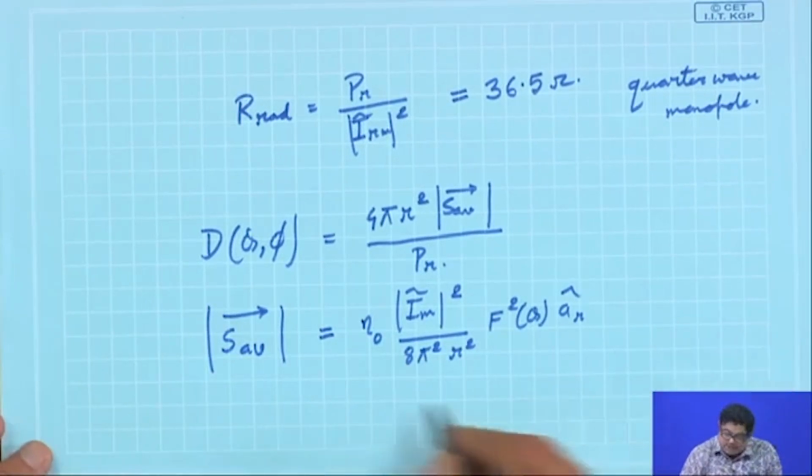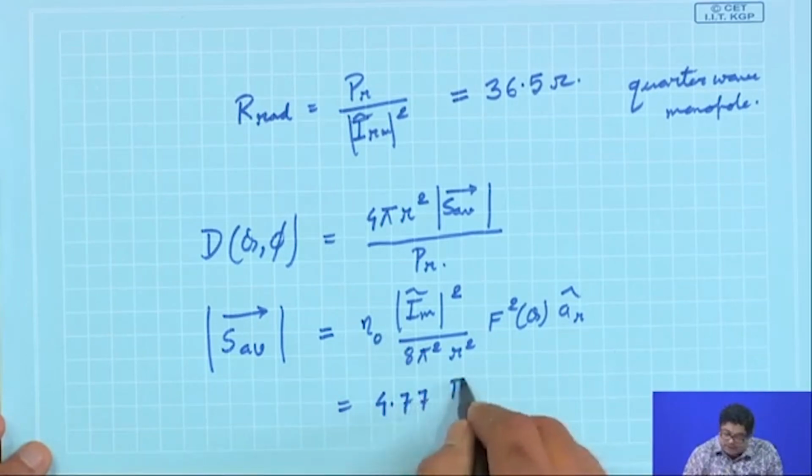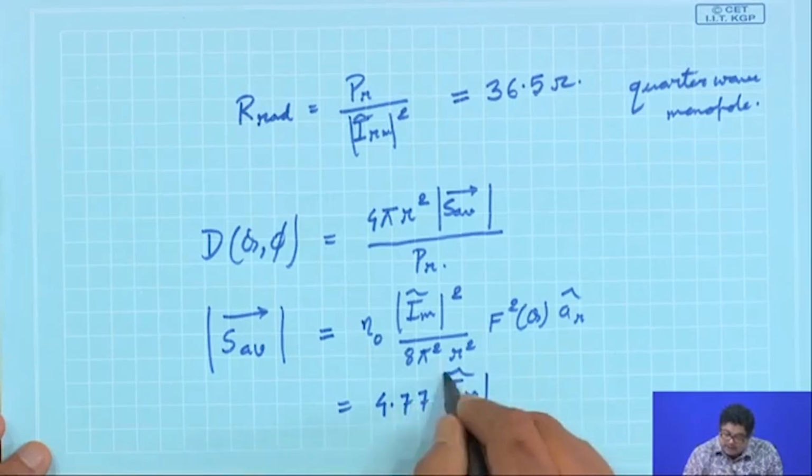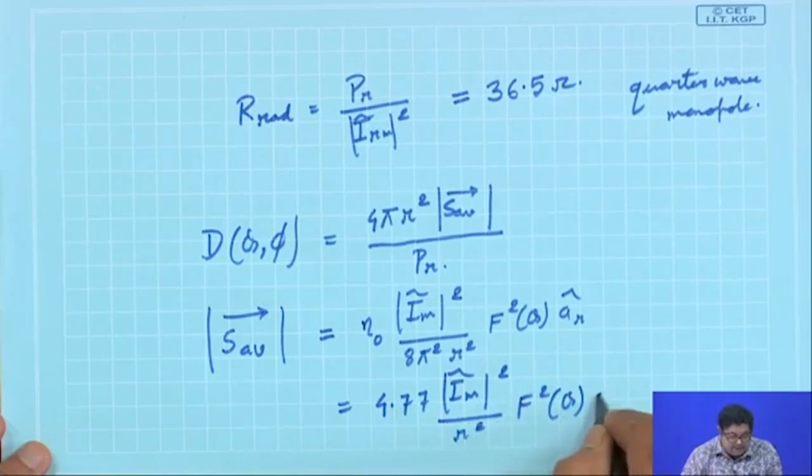This can be further simplified: putting eta naught as 120 pi, we get 4.77 I m squared by r squared f squared theta.